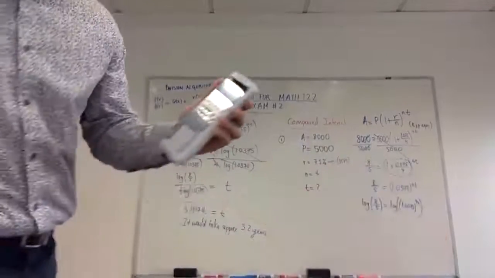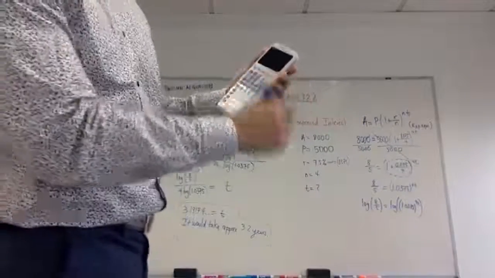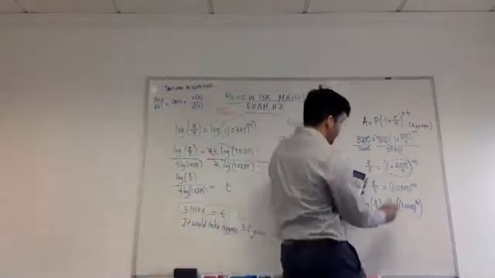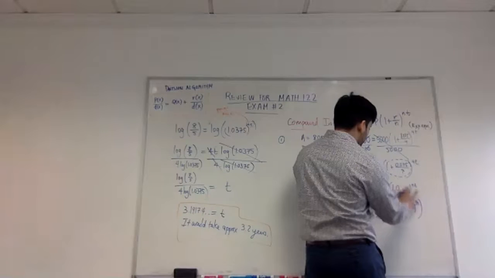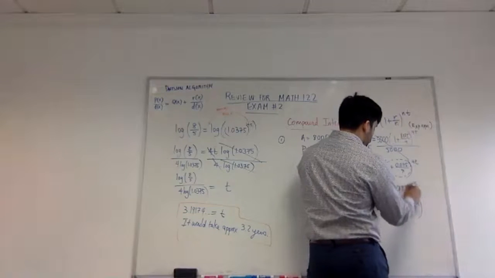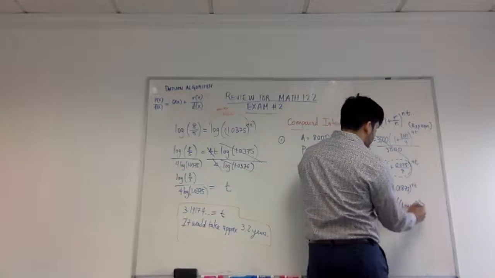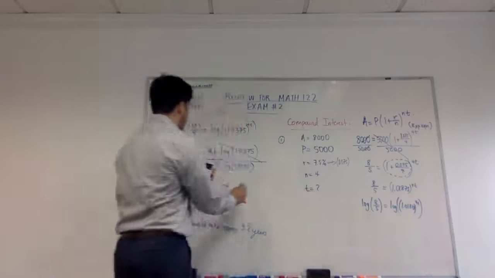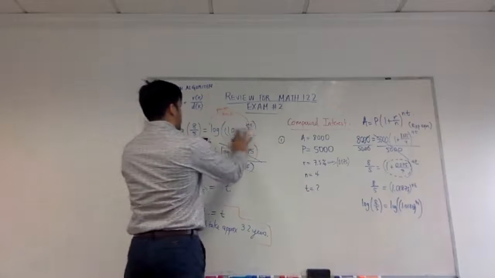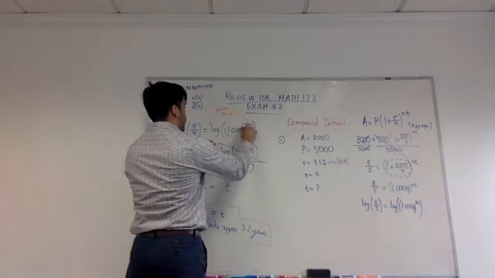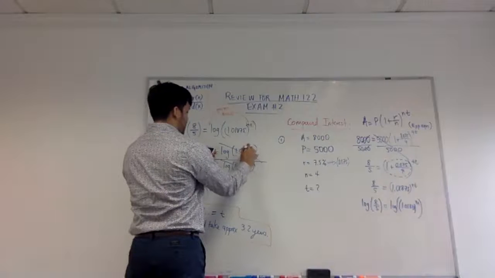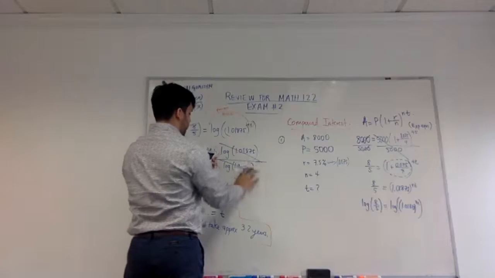So this is really 1.01875. So this number here will be 0.1875. So all you have to do is now change these numbers instead.